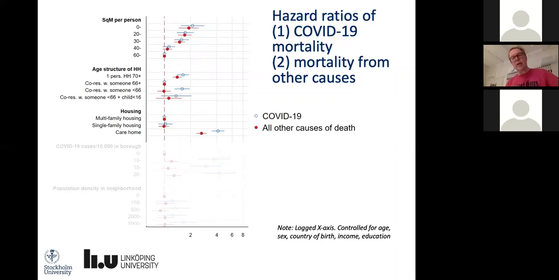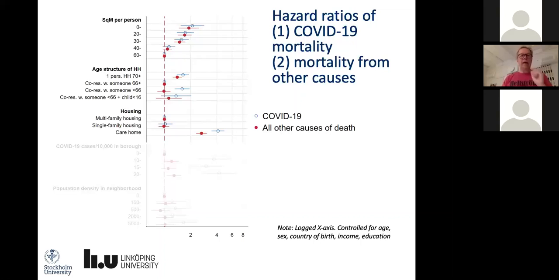It's just a general effect. Those who live in crowded housing in general have higher mortality, and whether this is due to poorer living conditions is a likely explanation. But there is not a specific pandemic effect on crowded housing in the apartment.